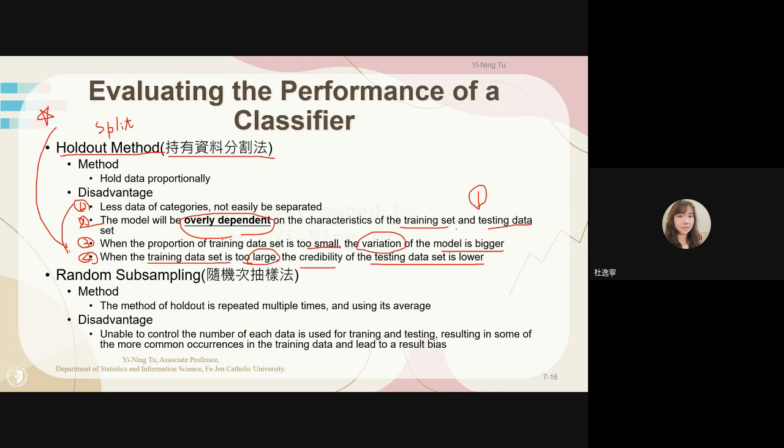So this is the first problem. Then things evolve. Random sampling, 随机抽样，就是第一种方法，多做几次，随机抽。Okay, the hold out method is repeated multiple times and we use the average. 多做几次，然后取平均。Do you think it is better? I think it's better, but it also has a disadvantage. That's the reason we didn't use it.